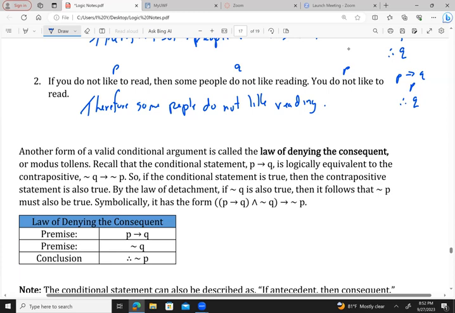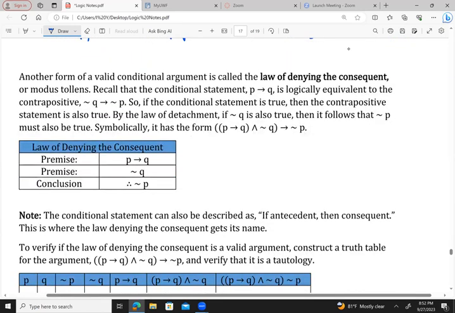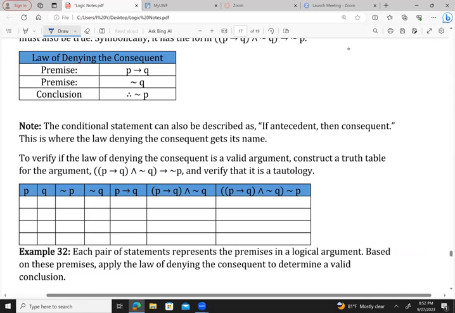By the law of detachment, if not Q is also true, then it follows that not P must also be true. So here's what we're looking at. The premise is if P then Q and not Q, therefore not P. We can describe this as if antecedent then consequent. That is where the law of denying the consequent gets its name.